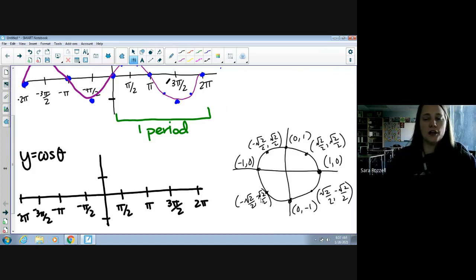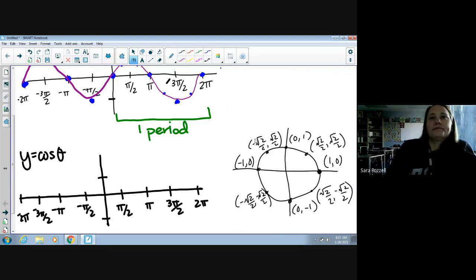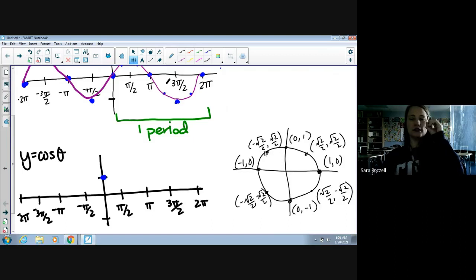So this way, when we're working our way around the circle, cosine is which value, the x or the y? It's the x. So we're going to be looking at the x from the ordered pair, and that's what we'll plot. Okay. So when you are at 0 radians, what is the x value? When you're at 0 radians, the x value is 1. So we're going to plot a 1. When you're at pi over 2, the x value is 0.